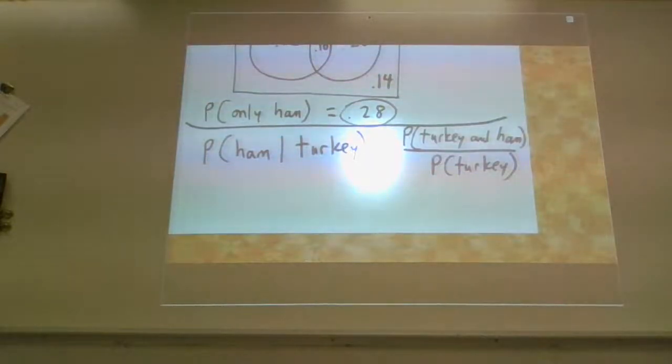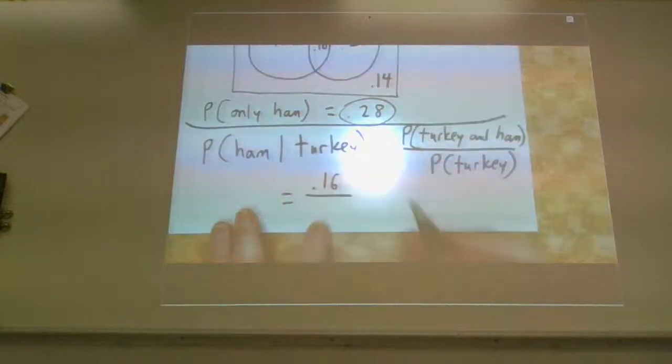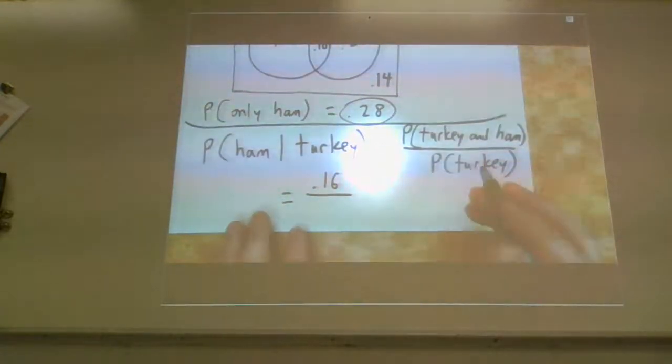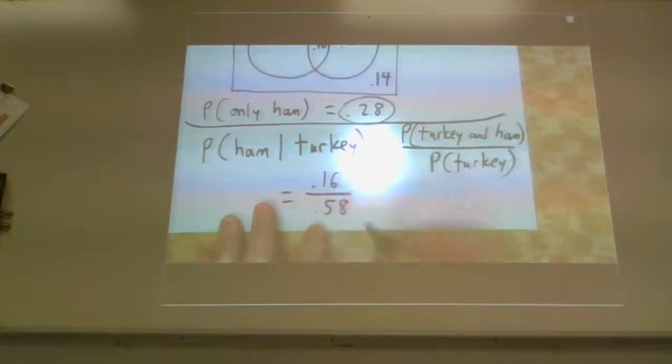I know that stuff. This should be equal to 0.16, which is the probability of both, divided by, now mind you, the bottom of that fraction is the probability of turkey. The chances that they have turkey are 0.58.